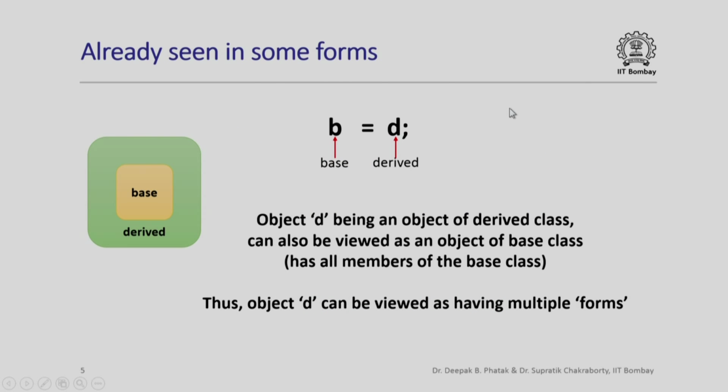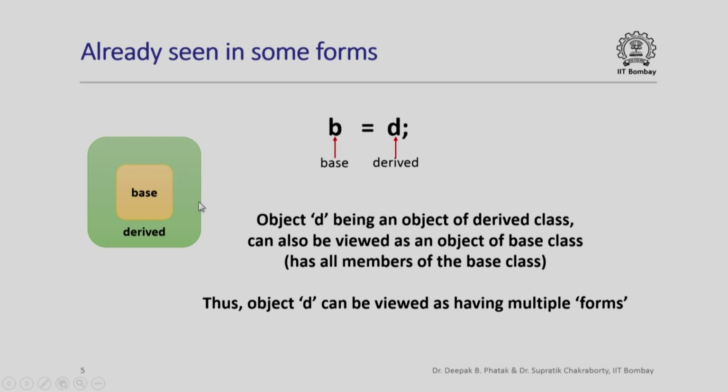In fact, we have already seen some form of this in some of our previous lectures. If you recall, we had statements like this in programs that we had seen in previous lectures, and in an assignment statement like this, we had studied in an earlier lecture that we could take an object of a derived class and assign it to an object of a base class.